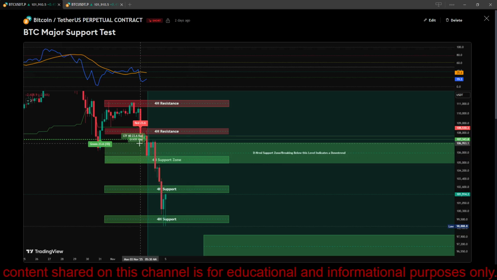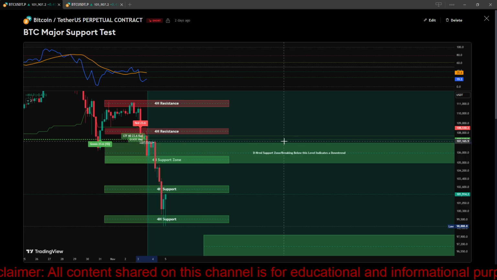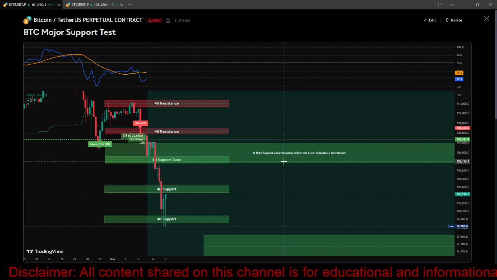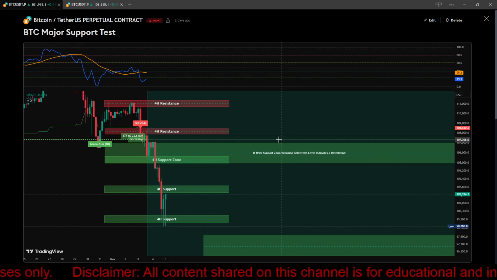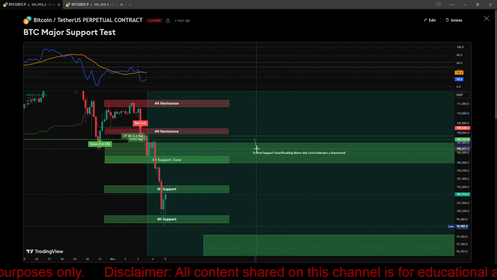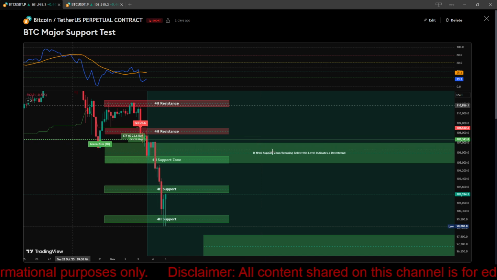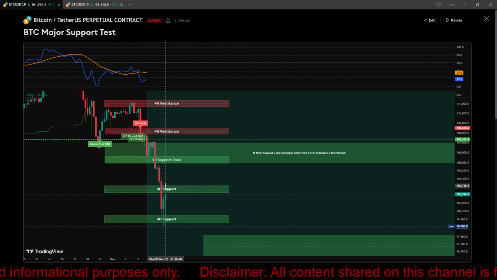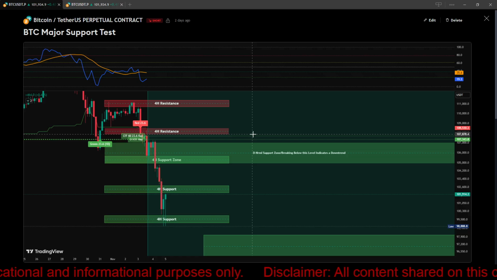Price took a support, price first broke through the upper level. This has two levels, upper level, lower level. If price breaks through the first upper level, that's the starting of weakness, that's the starting point.